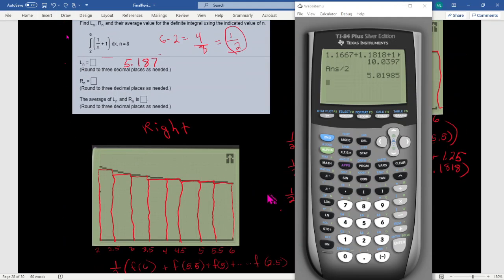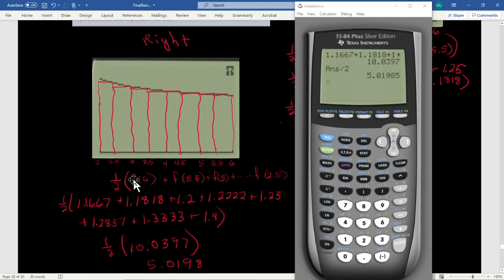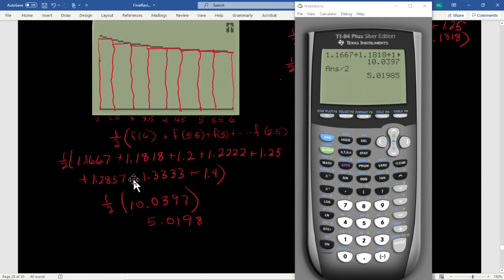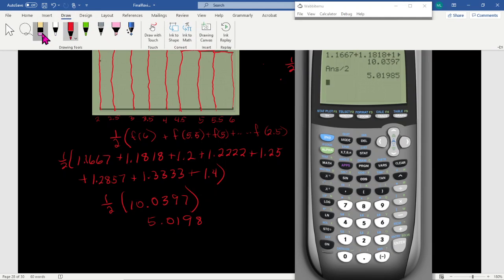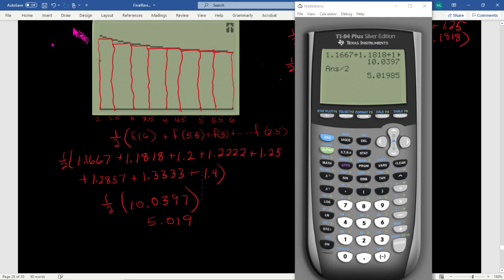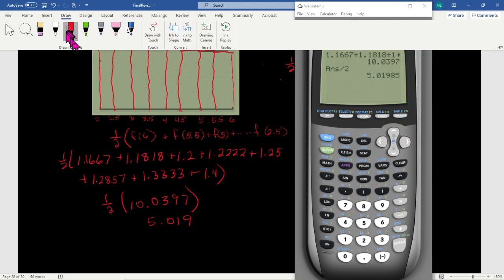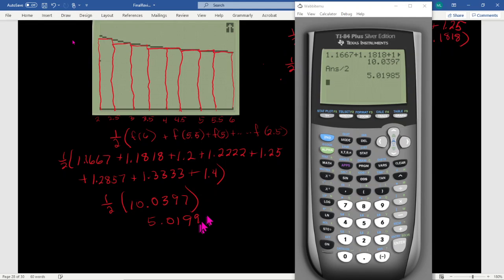Oops. What did that do? I undid something, but hopefully it's nothing too important. Let's erase. Just round that up to a 9. So then we go 5.01. Oh, wait. 3 decimal places. 1, 2, 3. Actually, this 9 needs to get rounded up, right?